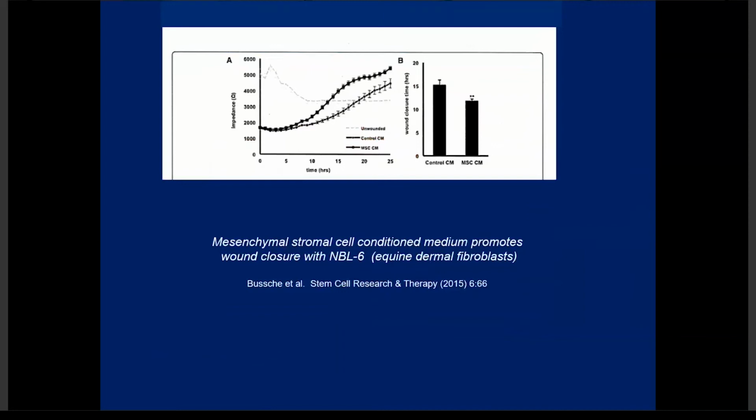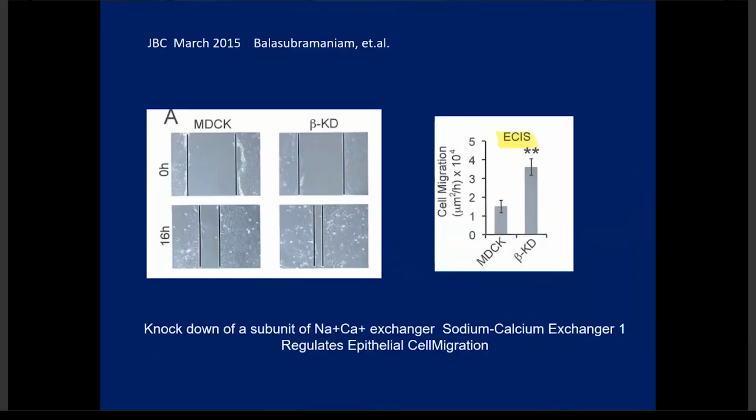Here's another example of mesenchymal stromal cells in conditioned medium that is promoting cell migration. Again, we have the impedance data compared with more traditional measurements of wound healing. Again, in agreement.